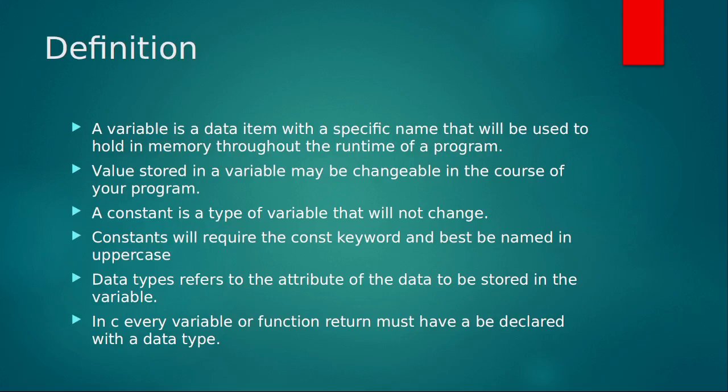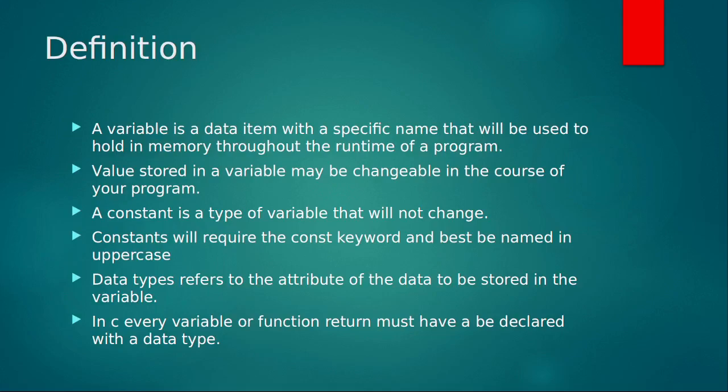So a variable is a data item with a specific name that is used to hold particular data in memory throughout the runtime of a program. The value stored in a variable may be changeable in the course of your program.